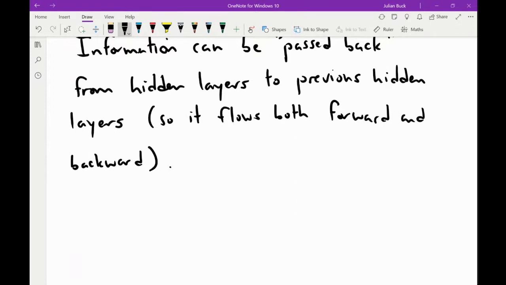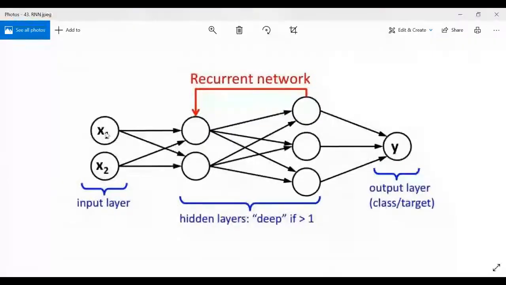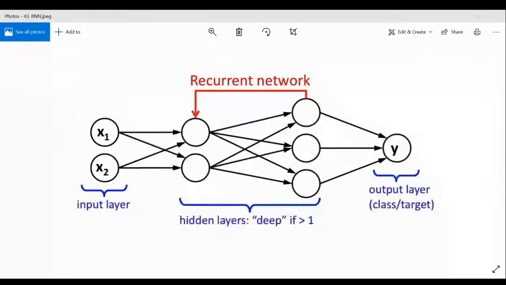It doesn't just go from V1 to V2 to V3 to V4 and so on, but information from the later visual cortexes gets passed back to the earlier ones. So in some sense, knowing more information, they can improve on their previous outputs. So you keep learning, and that's exactly how you would expect a brain to work.